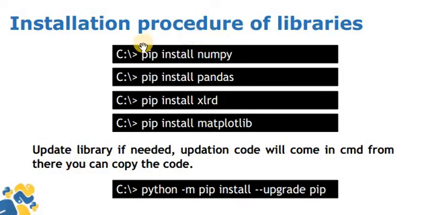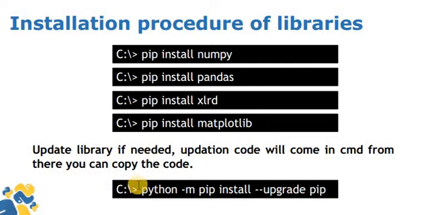By using pip commands, first of all we install NumPy, Pandas, XLRD and matplotlib. But before that, we have to check whether the latest version of pip is available on our computer or not. If the latest version of pip is not available, how can we upgrade pip?